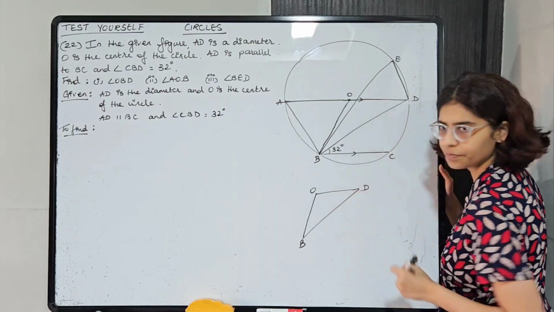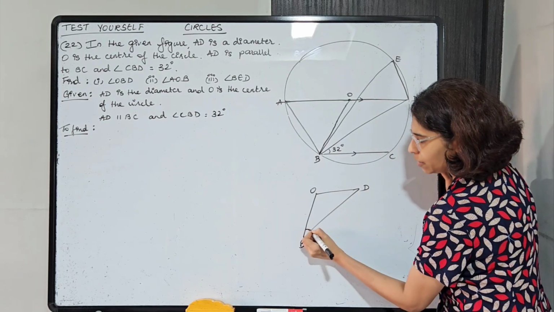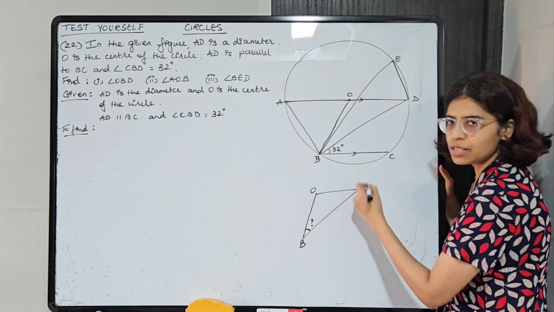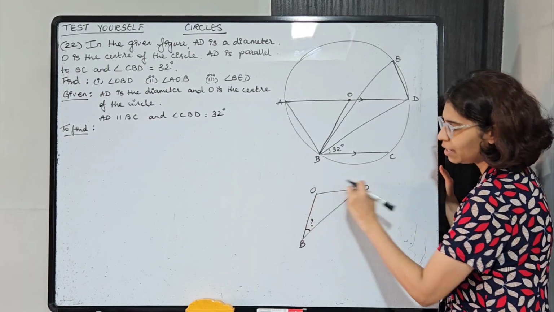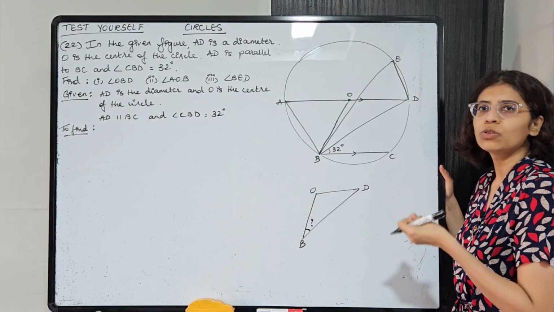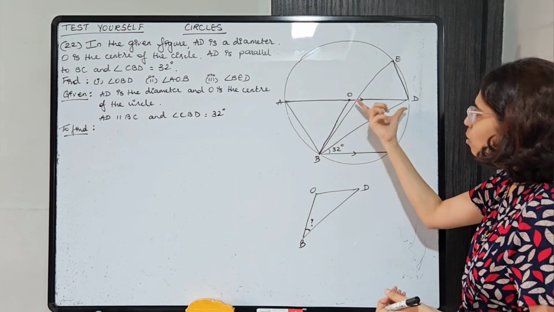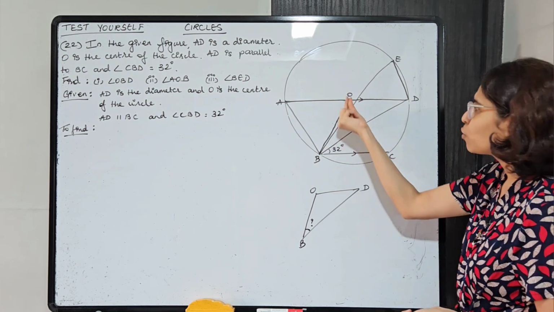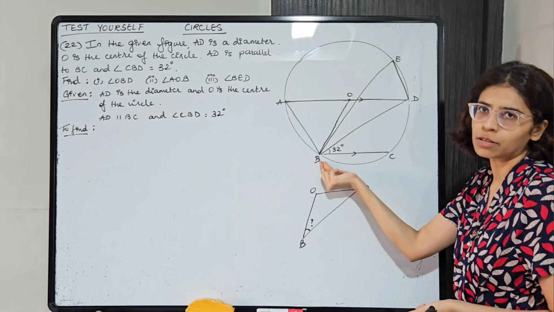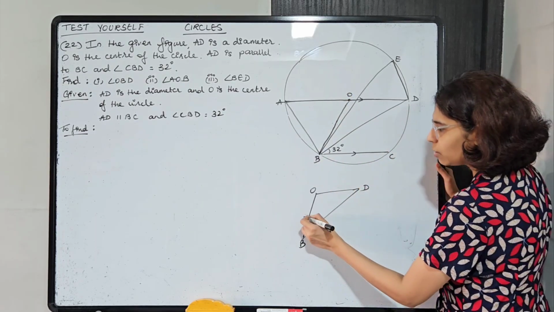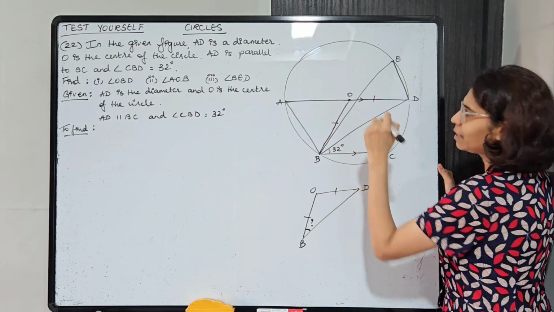In this triangle, OB and OD are equal because both are radii of the circle. Why? Because we are joining the center with a point on the circumference. So that will give you the radius. So OB and OD are both equal, both are radii.